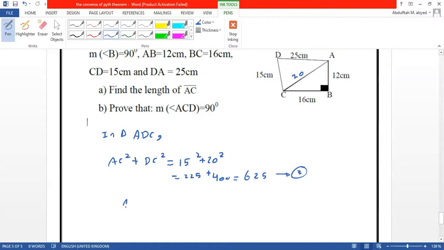Also, we will take AD squared equals 25 squared equals 625, and this is number 4. From 3 and 4, this side equals this side.